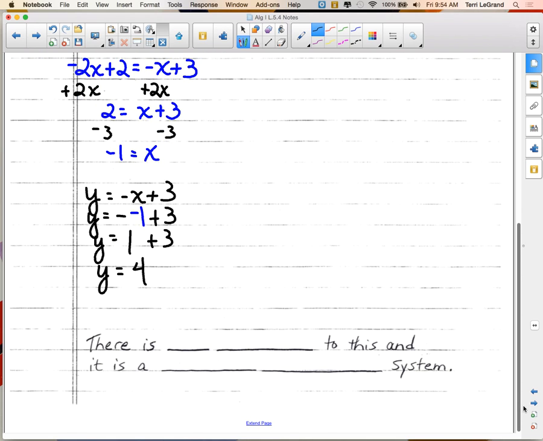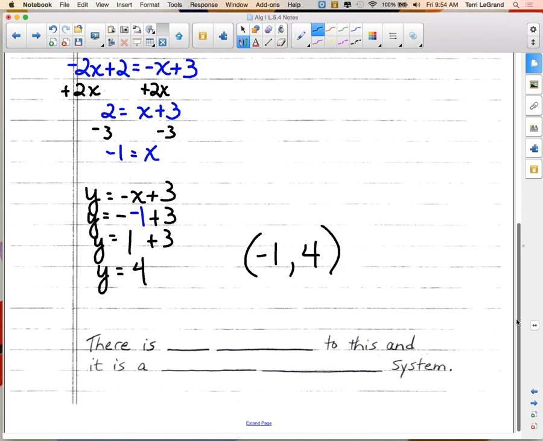And it appears our y value is positive 4. So we would say this is ordered pair negative 1, 4. Those intersecting lines would intersect at ordered pair negative 1, 4.